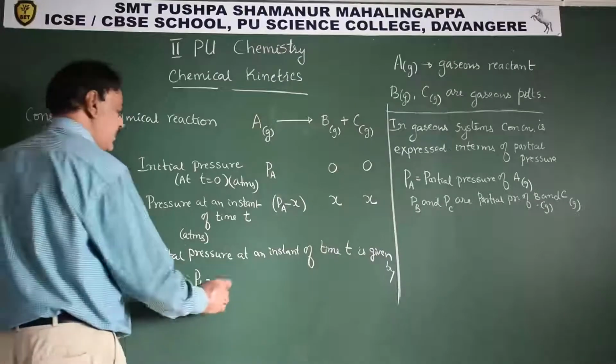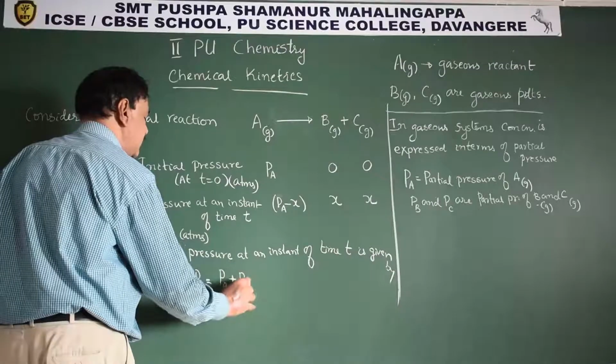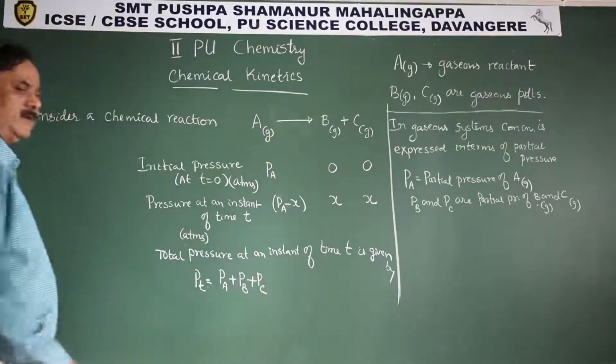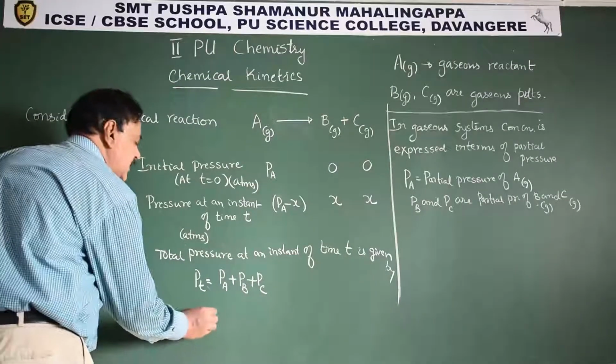PT is given by the partial pressure of A plus the partial pressure of B plus the partial pressure of C, according to Dalton's law of partial pressures. Now what is PA?